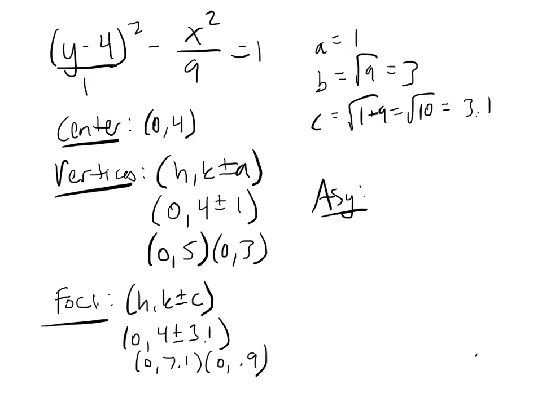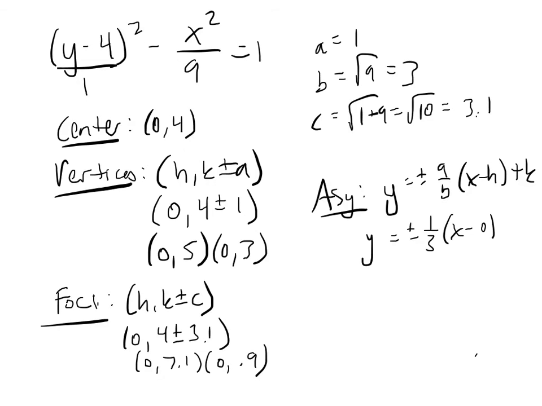And the asymptotes in vertical ellipses happen at y equals plus or minus a over b times x minus h plus k. So that's going to be y equals plus or minus 1 over 3 times x minus 0 plus 4. Now if I want to graph this, I'm going to go on to the next page and show you how to graph it.